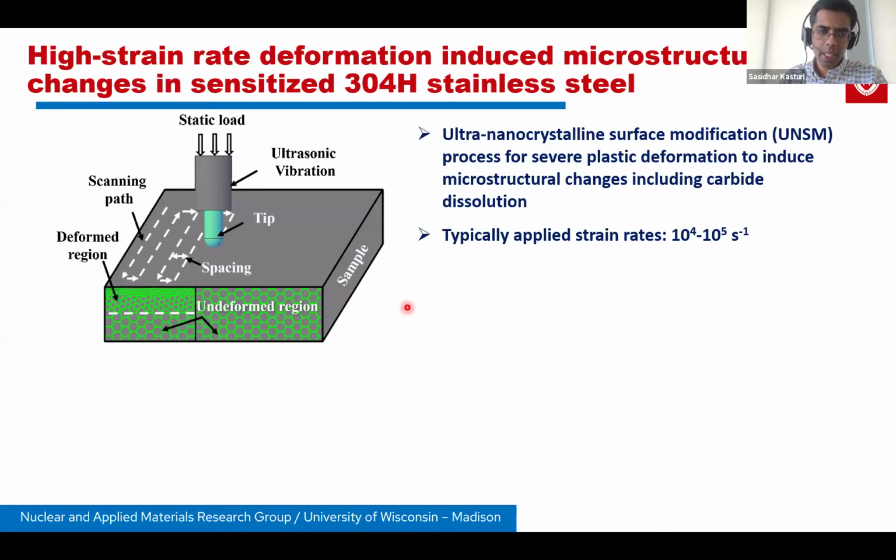So there is excessive grain refinement to the extent that you can have nanocrystalline materials forming in the near surface regions. And in the case of austenitic stainless steel, you will also have a deformation-induced martensitic transformation, as I'll show you in the coming slides. So that's the technology that we have utilized in this work.